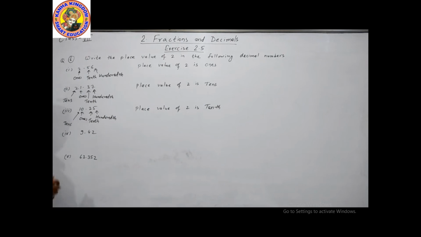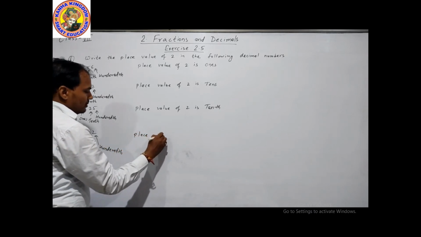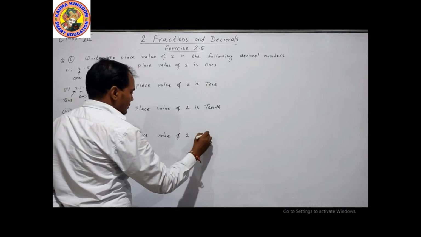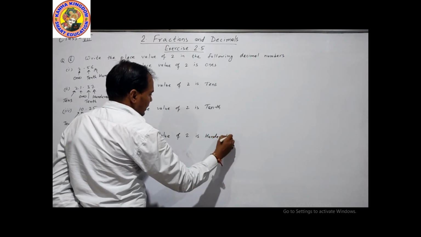Now in the next question, this is our ones, this is tenth, this is hundredth. Now where is 2 situated? 2 is here, hundredth. Place value of 2 is hundredth.